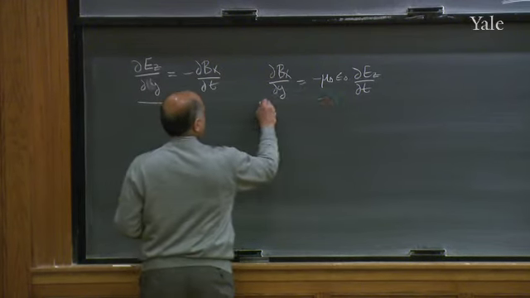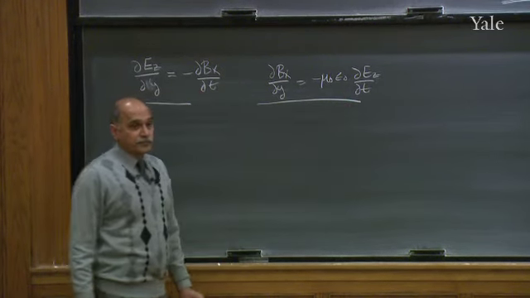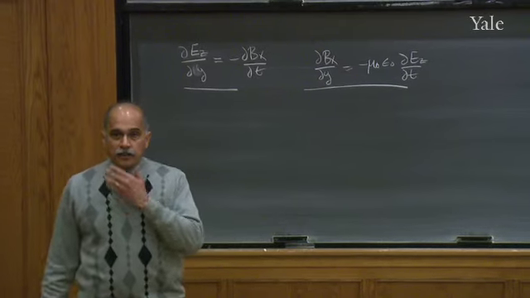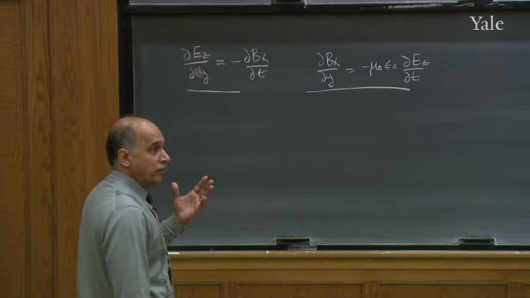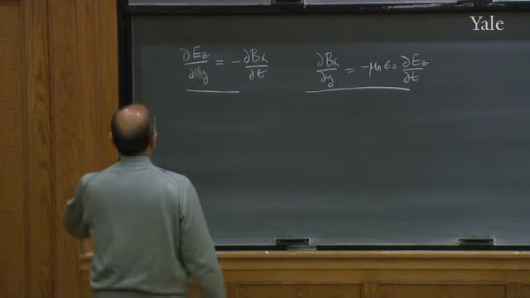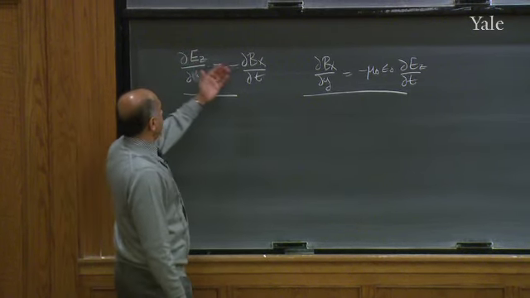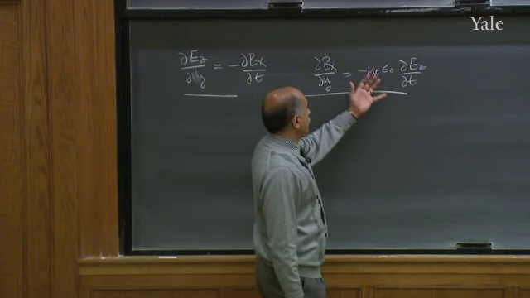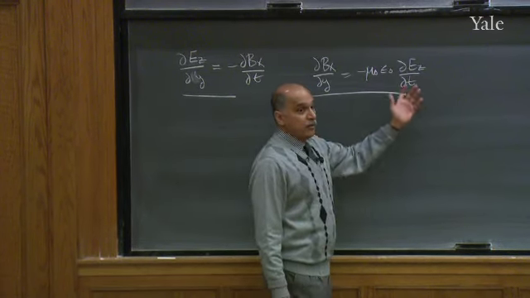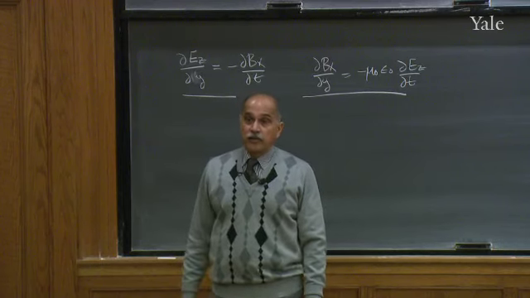There were some that led to non-trivial conditions, and it's these two. Therefore, I'm told that if the fields that I pick that depend on y and t have the property that the y derivative of this guy is the t derivative of that guy, and the y derivative of Bx is, up to some constant, the minus t derivative of the other guy, you're done. That's all you require of that function.